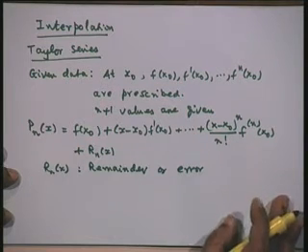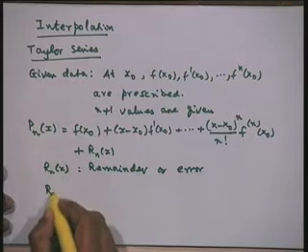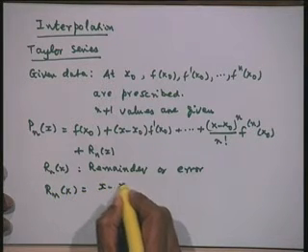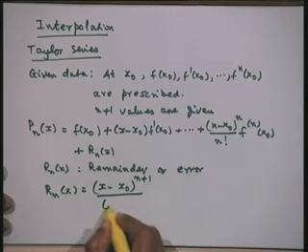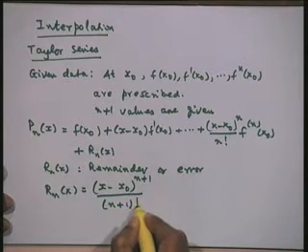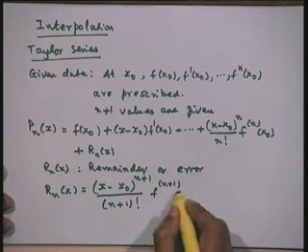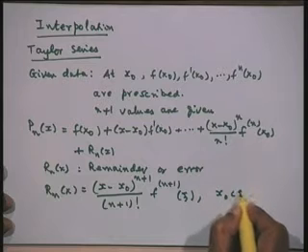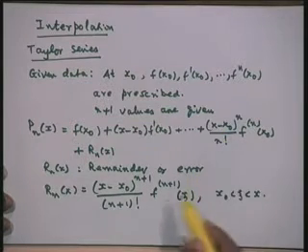And the value of r n x, error, is given by x minus x naught to the power of n plus 1 by n plus 1 factorial f n plus 1 at some intermediate point xi, where xi is between x naught and x, the point which we are considering.